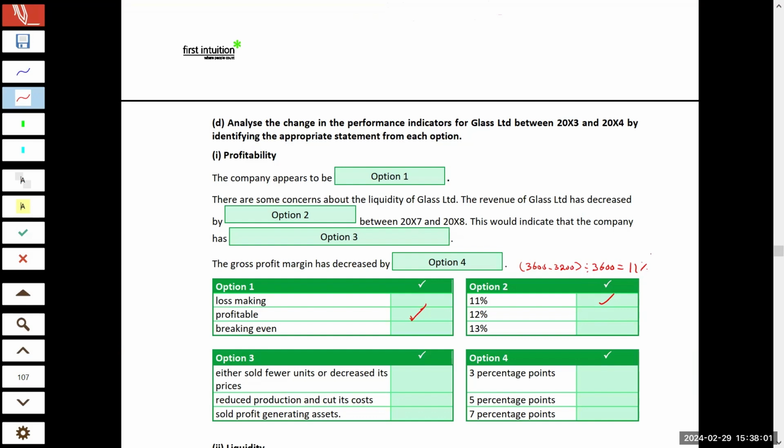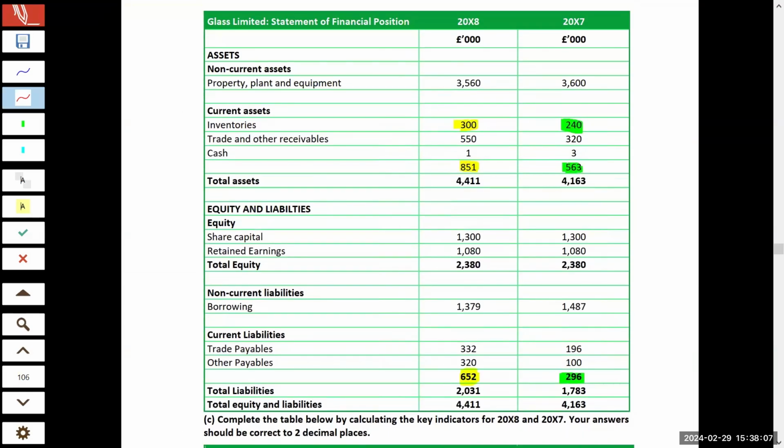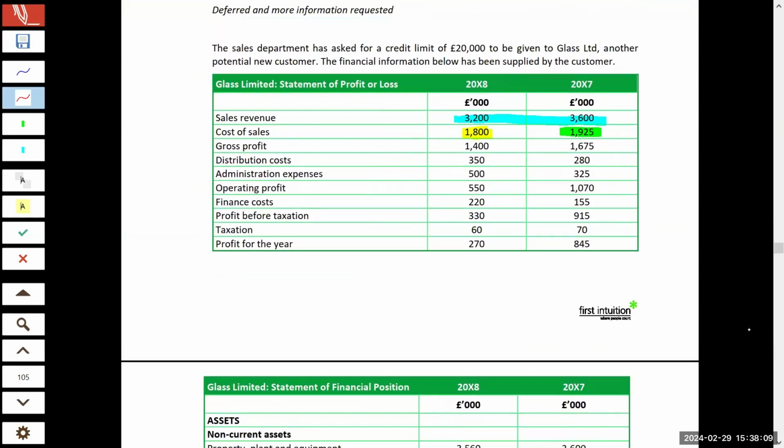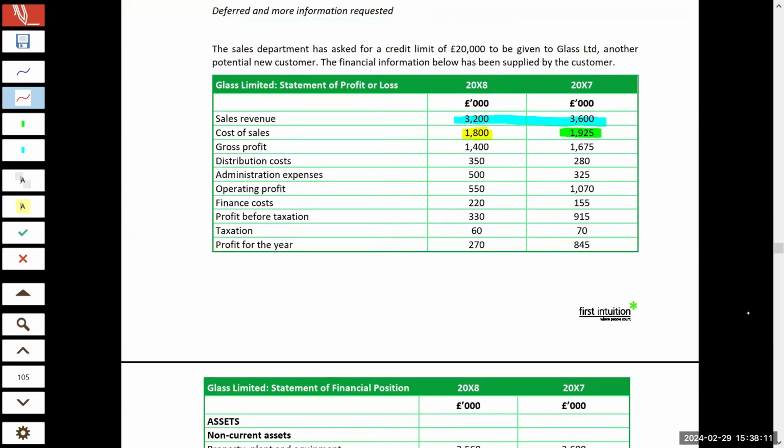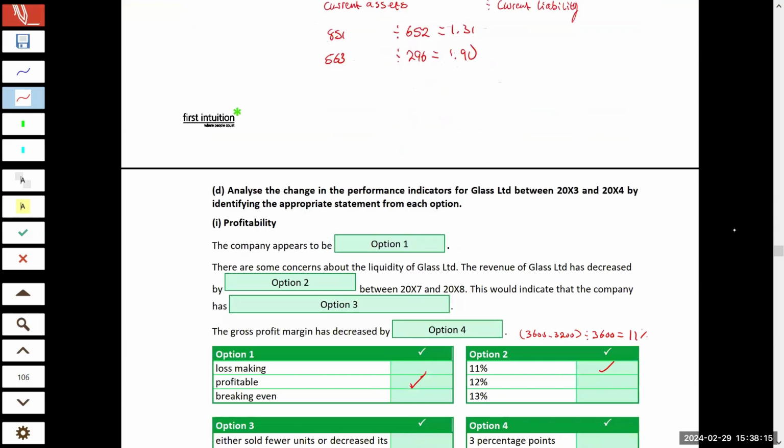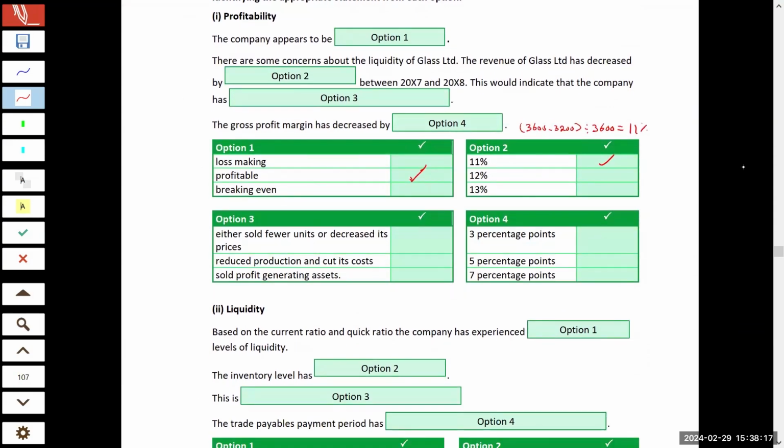Now, when we look at one year between the other, we can see that the revenue is in fact falling, isn't it? We sort of go up and look at the information. We're trying to ascertain very clearly what's happened between one year and the other. The amount of revenue has fallen. Now, the only way that revenue can rise or fall is if we sell more or less. So if it's fallen, we sold fewer units. Again, this is just basic stuff.